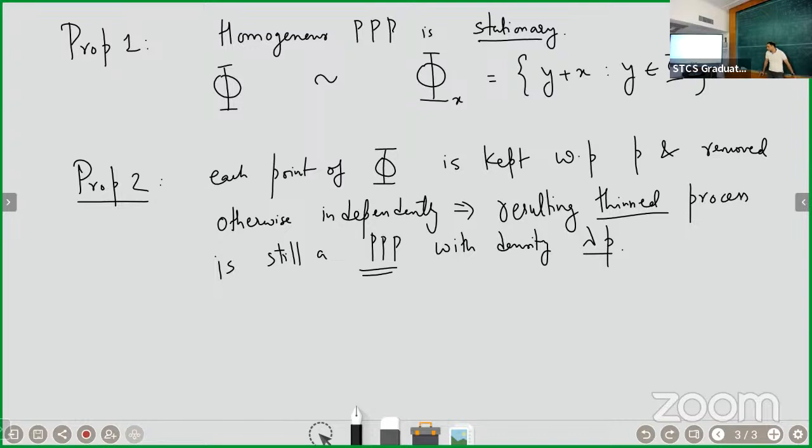You can do it from first principles. Just try to show that the number of points falling in the region is still Poisson. But is there a more intuitive way of seeing this?